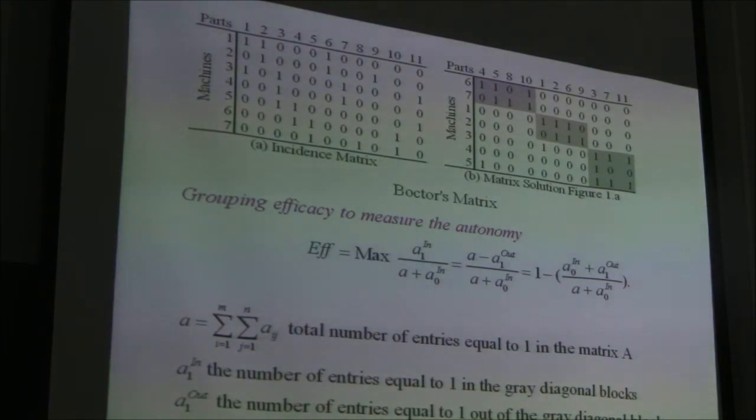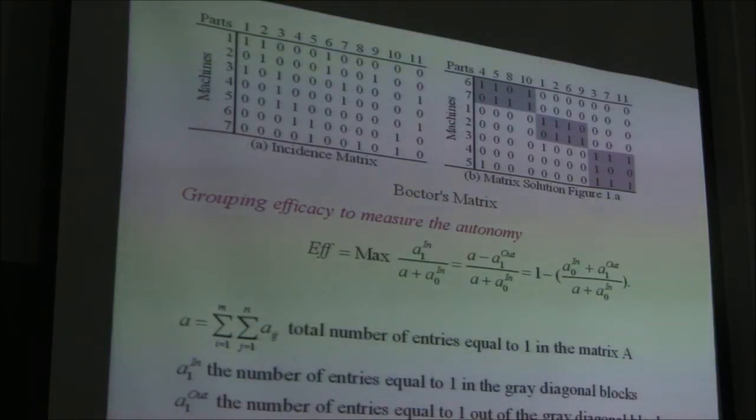And the idea is very simple. You try to maximize the number of 1s within the blocks, and you divide by the total number of 1s in the matrix, plus the number of 0s in each block.